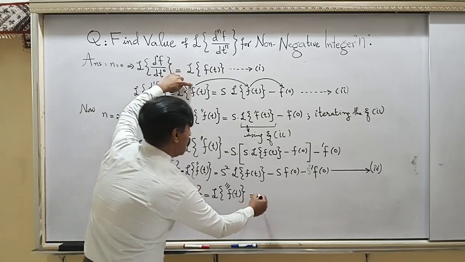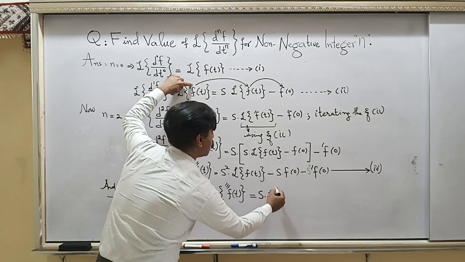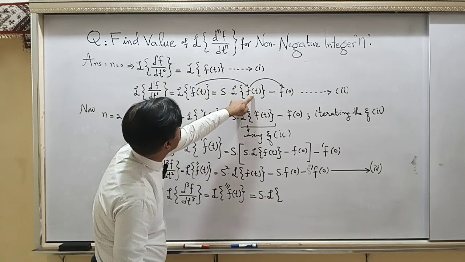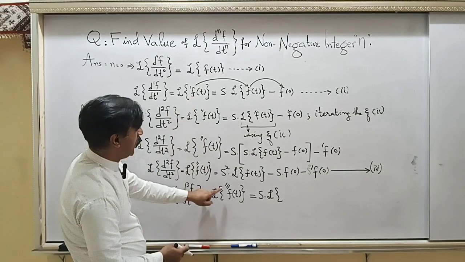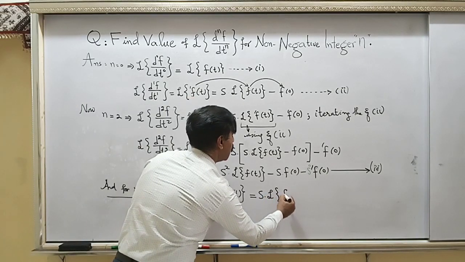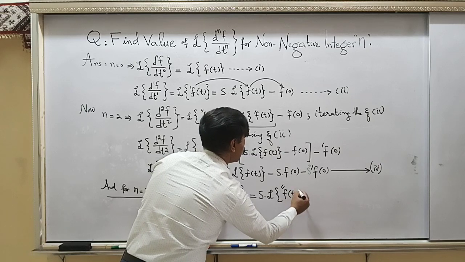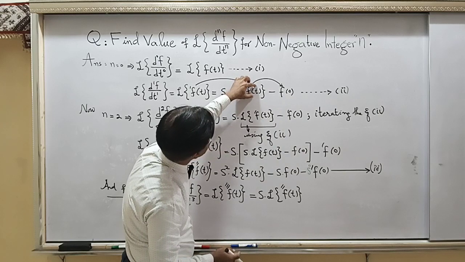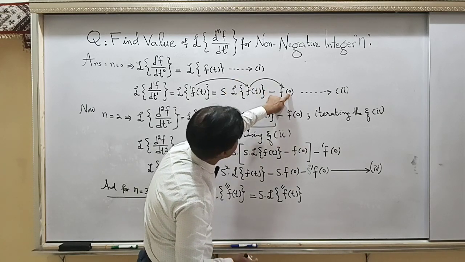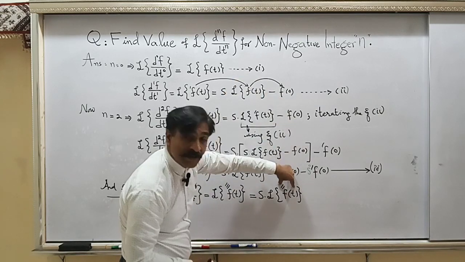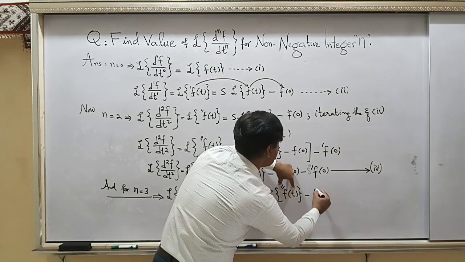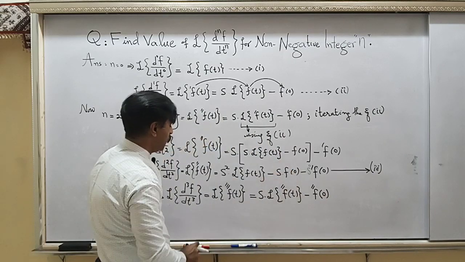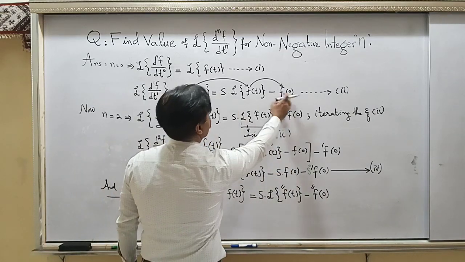Use this rule: s into the Laplace transform of the function whose order of differentiation is 1 less than here, and here is order 3 and here you will have order 2, right? And minus whatever you get here, that is here with t0. Now this minus will be the same f double prime but at t0, right? So this is the iteration.